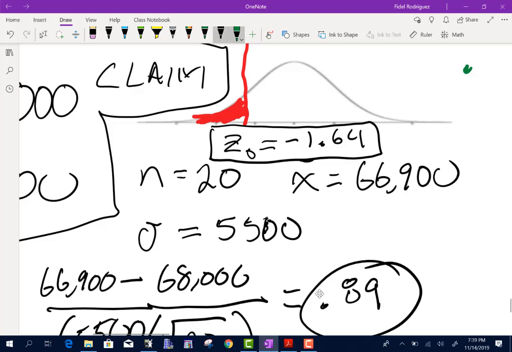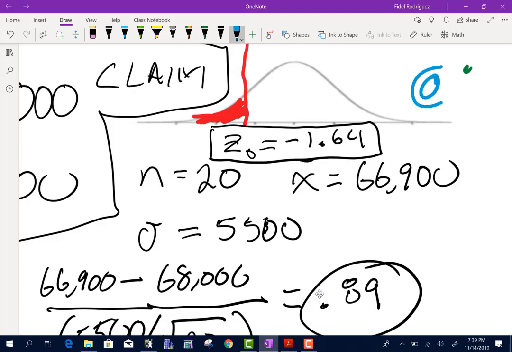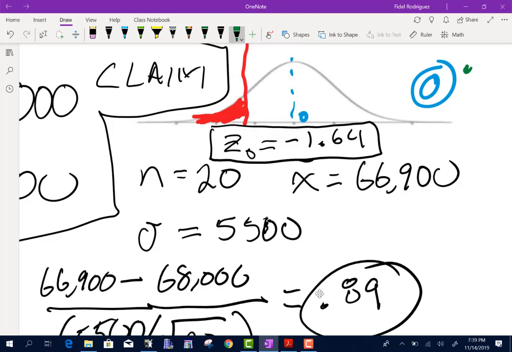Forget about negative 0.89 for a moment. Suppose I was going to put the number 0. Do you agree that 0 would be right here, somewhere in the middle? Now, where would 0.89 go? Would it go between those two, or to the left where the red is? Between these two, right? Somewhere right here would be 0.89, with a negative, I'm sorry. There we go. Negative 0.89, and that's what we had here. I forgot to put it too.